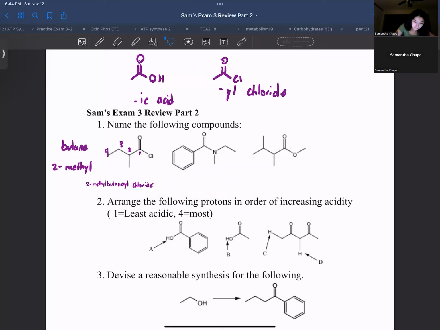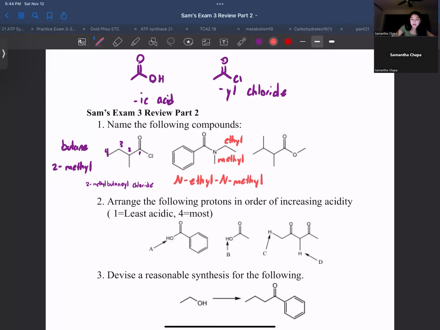Cool. This next one is for amides. For the amides, what you're going to do first is name the substituents that are on the nitrogen. We have an ethyl group right here and a methyl group. So on my nitrogen, N, I have an ethyl. And I'm putting ethyl first because in the alphabet, E goes before M. So N-ethyl, N-methyl, because that's also on my nitrogen.